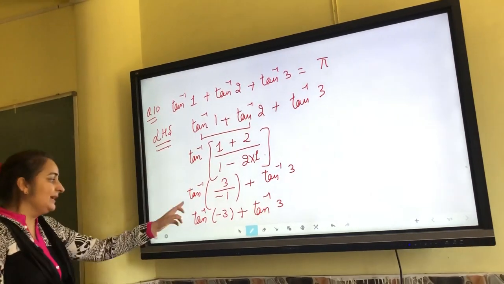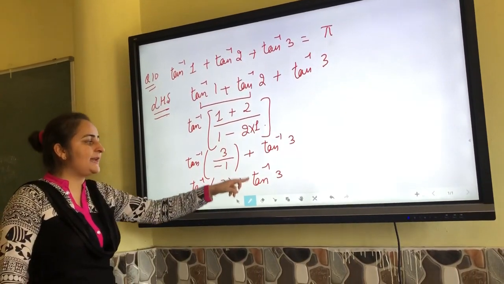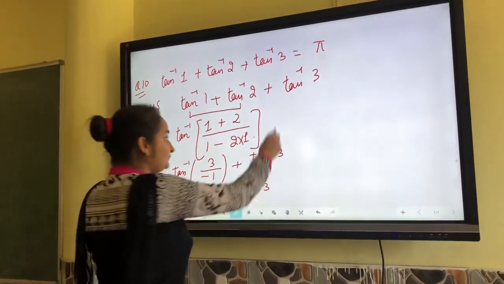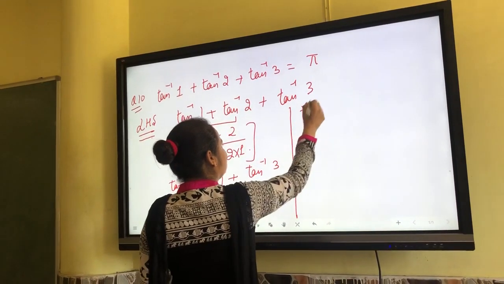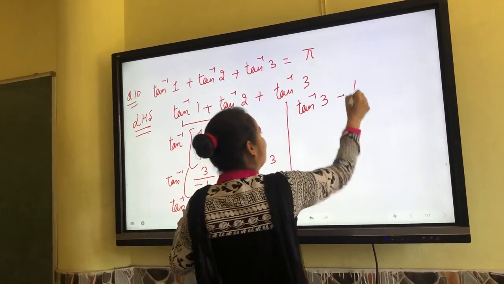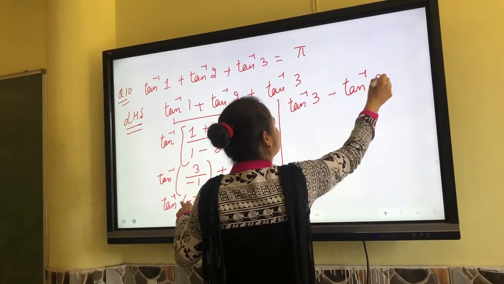The formula is tan inverse x plus tan inverse y. Now, I am writing here tangent inverse 3 minus tangent inverse 3.